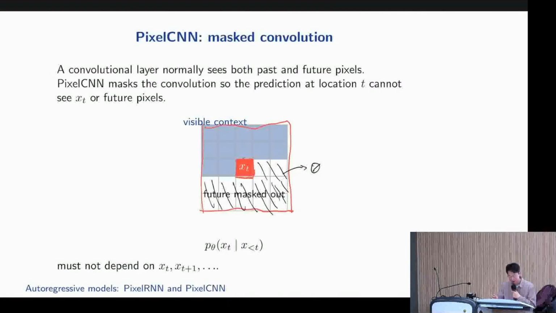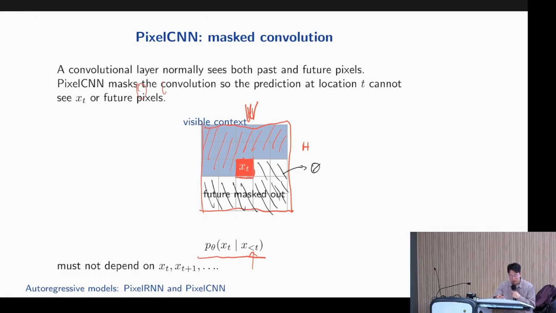And the trade-off, an important thing to notice is here we only have access to this much context. So to generate xt, to be mathematically correct, you will have to condition on everything. But we cannot because we're restricted to this h by h, w by h convolution kernel, right?